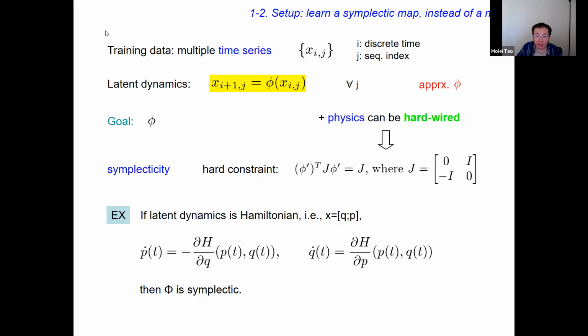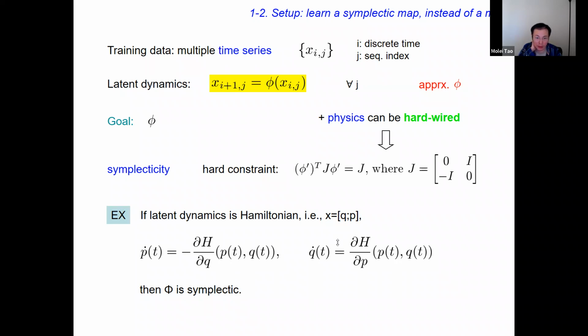I think there are 2 questions on the chat. Yeah, thanks. The question is about the difference between learning the Hamiltonian function and learning the symplectic map.